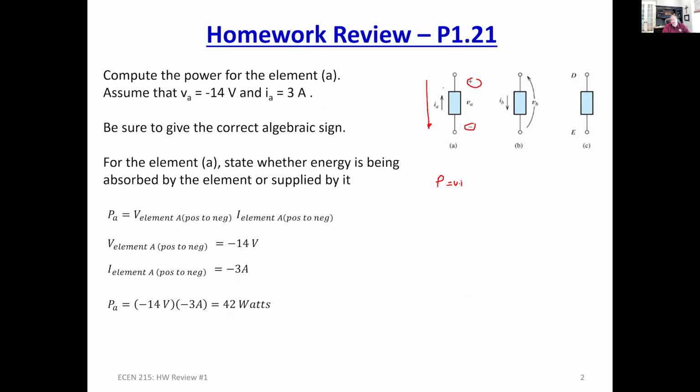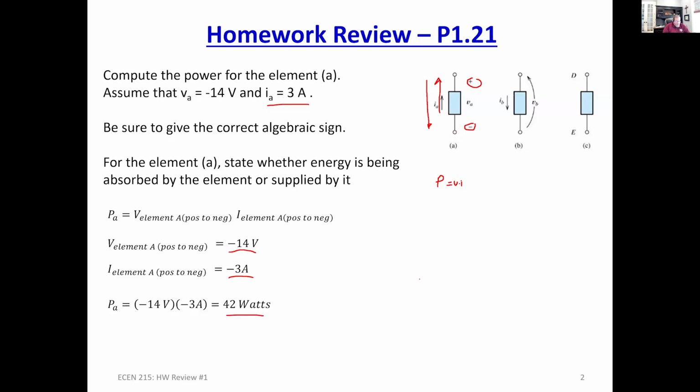Because the current was given as IA going this direction, the actual sign from positive to negative was minus 3. The voltage stayed the same because it was given as a positive to negative value, VA to VB. And hence this ends up being 42 watts.